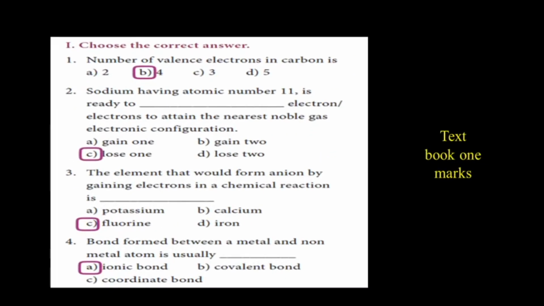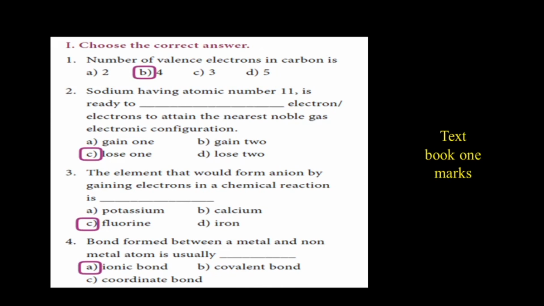Now it's time to recall your book back exercise. This is the choose the correct answer in your book, page number 159. First question: the number of valence electrons in carbon. The atomic number of carbon is 6, so the innermost shell has 2 electrons and the outermost shell has 4 electrons. The outermost shell electrons are known as valence electrons. So option B, 4, is the correct answer.